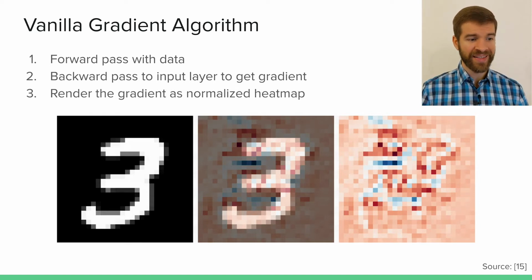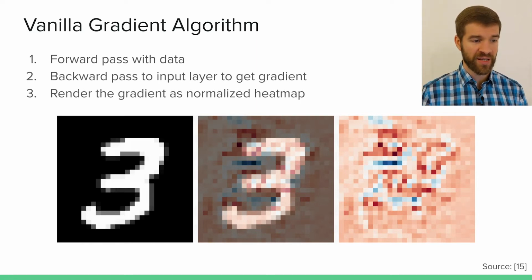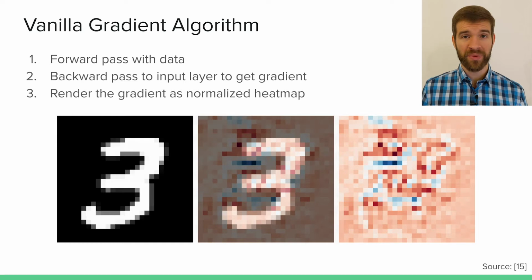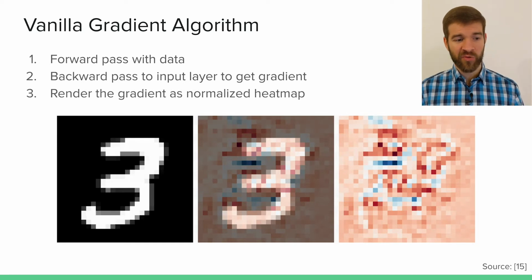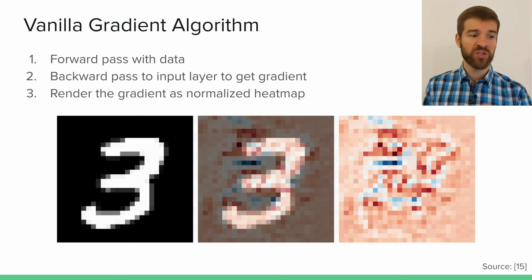So high negative values are near blue, high positive values are near red. The gradient, remember, tells us basically that for every amount you change this particular input pixel, I change the output probability for a class this much.